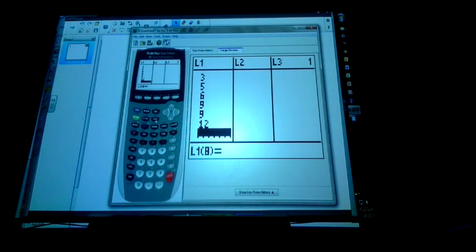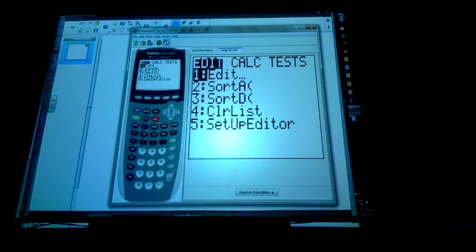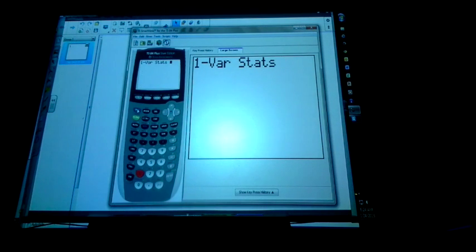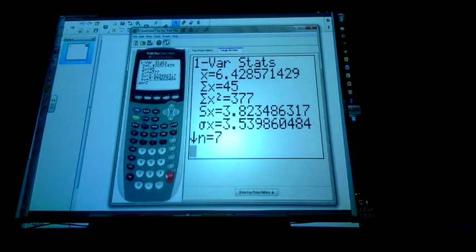But once we plug it in, go stat, calculate one variable statistics, and it's good practice to say that it's going to go into list 1 and hit enter. We found that the average is 6.42.